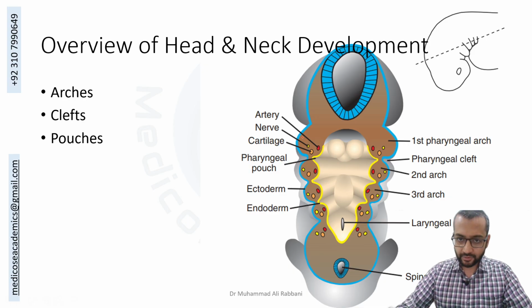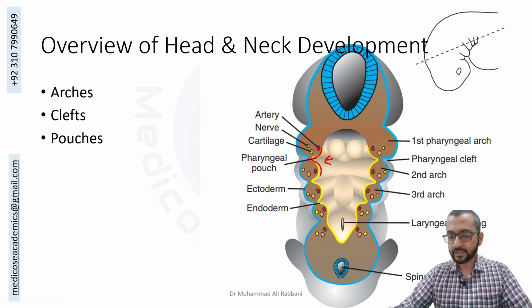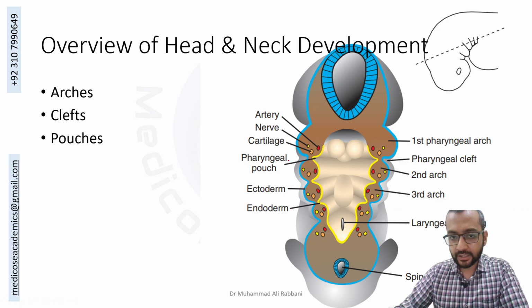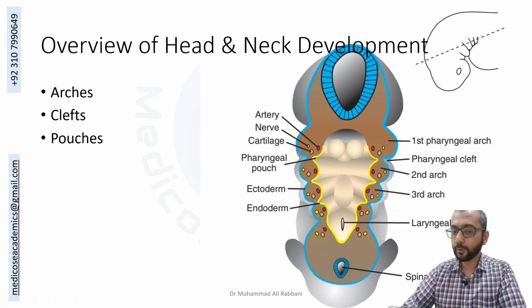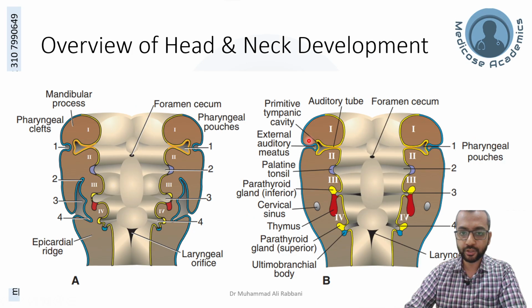As you can see very well, the pharyngeal clefts are lined by covering epidermis or epithelium. So this will be ectodermal, shown in blue here in this picture from Langman, and on the inside it is covered by endoderm of the pharynx. Whatever structure develops from the pharyngeal cleft will be ectodermal in origin, and whatever is from the pharyngeal pouch will be endodermal in origin.